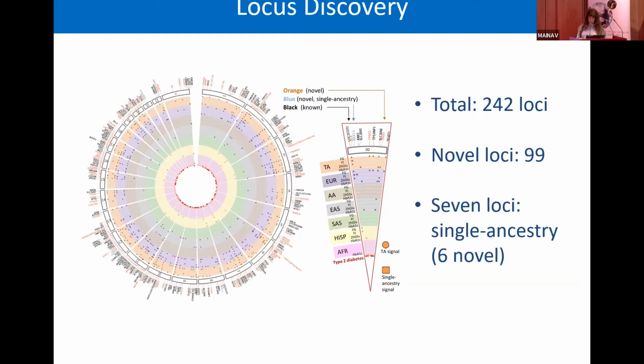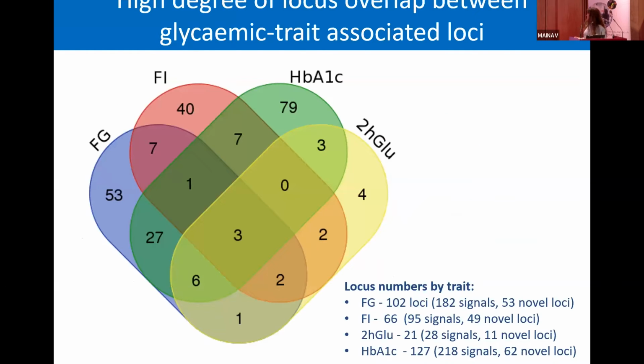These loci were mostly identified across several ancestries, and then we had 7 that we're calling single ancestry. I'll return to that, but just to be clear, single ancestry doesn't necessarily mean that the SNP is only seen in one ancestry. The SNP might be polymorphic and seen across multiple, but the evidence for association is driven by a single ancestry. So what did we find?